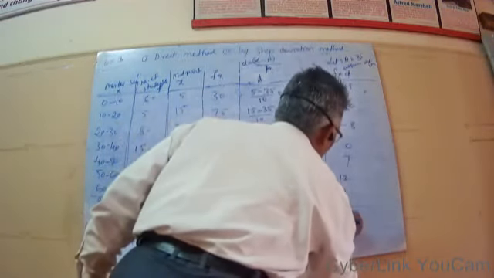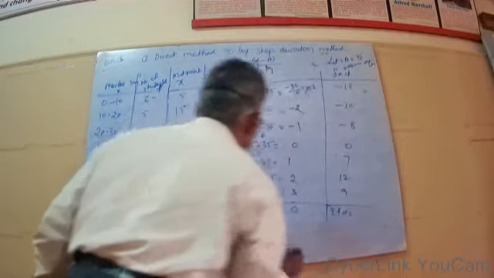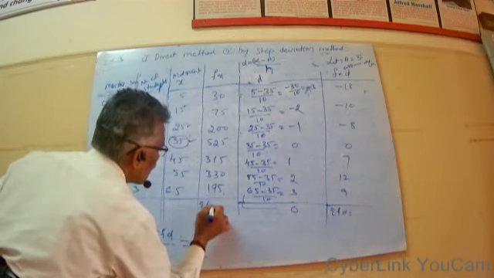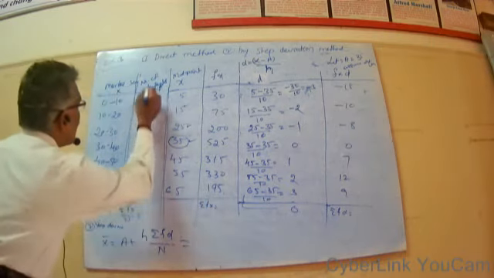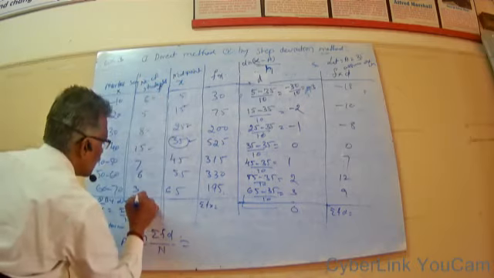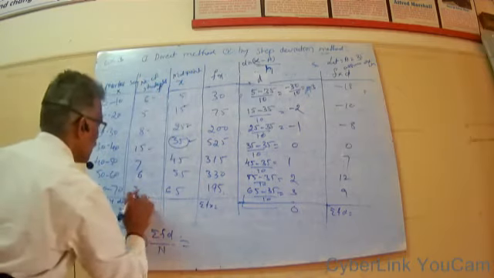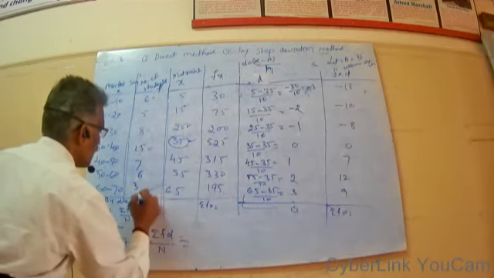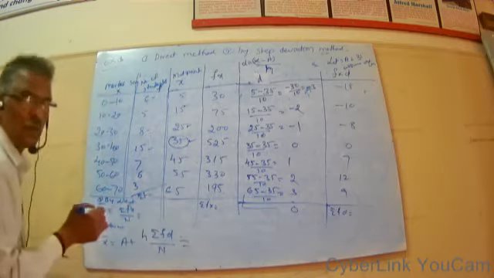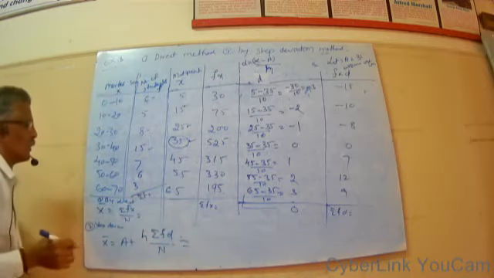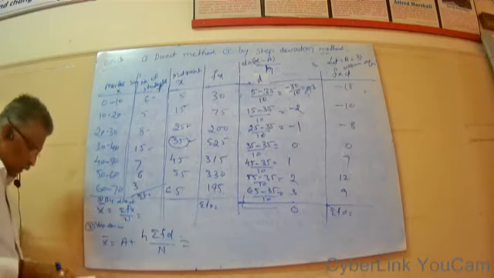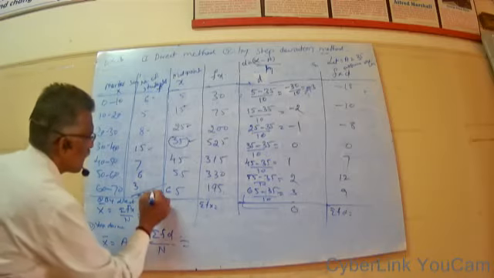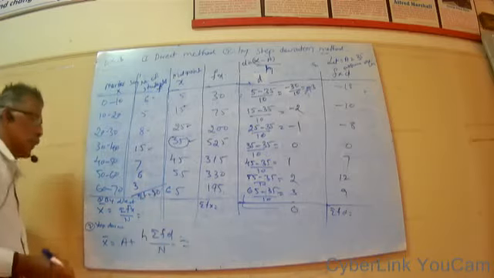Take here sum of fd, here sum of f. Sum of fx also we need. We need sum of fx and sum of f, right? I need space here, so I will do sum of f here. Now this should be totaled. Sum of f equals 50.